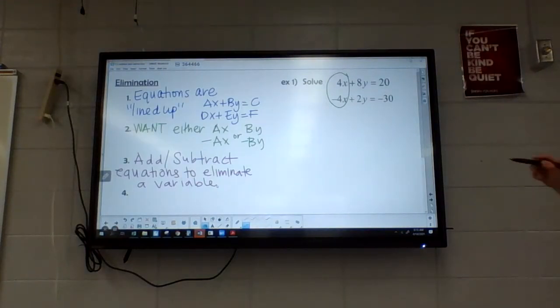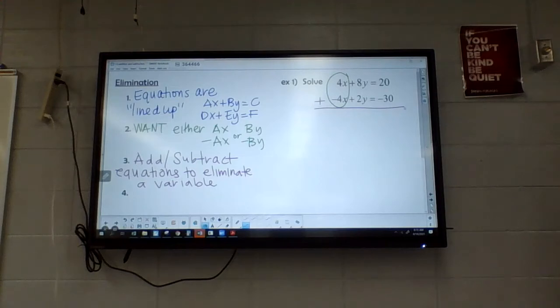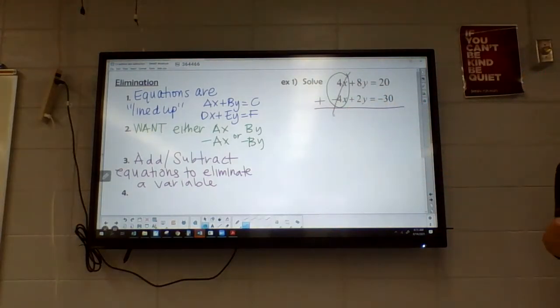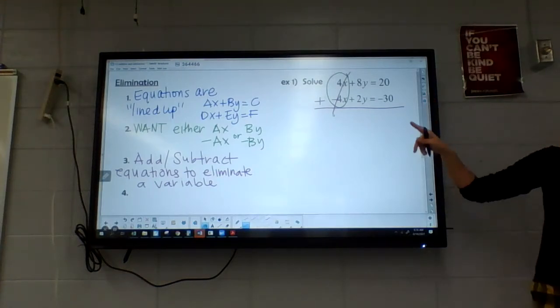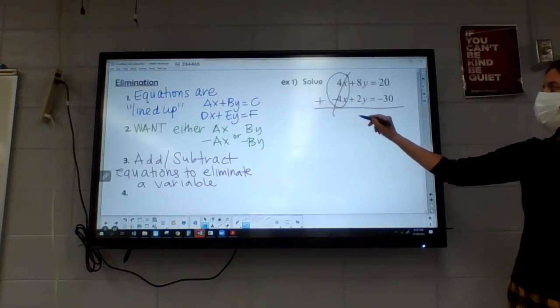If I added these equations together the way they are, what would happen if I added those x's together? They'd cancel out. 4x and a negative 4x would cancel. So we got rid of the x's in these two equations with one step. If we add those, we have to add the rest of it. So 8y and 2y gives us 10y, right?